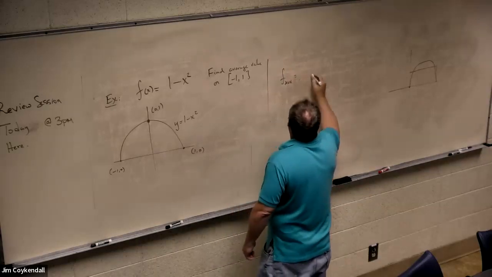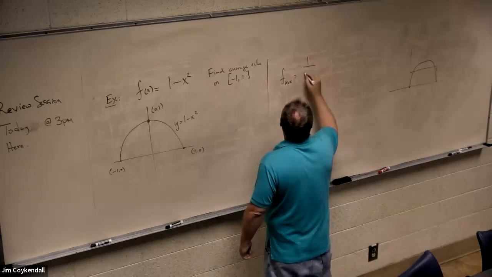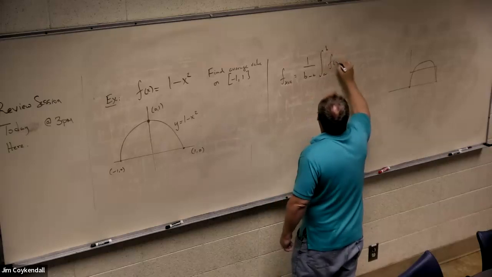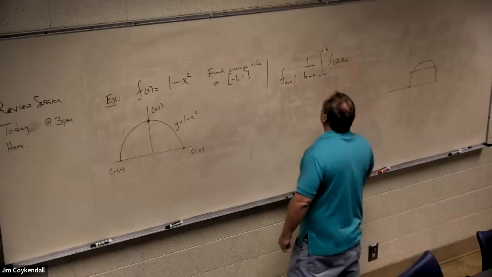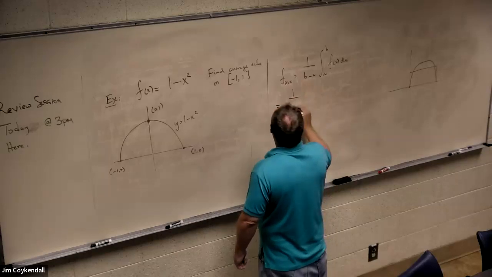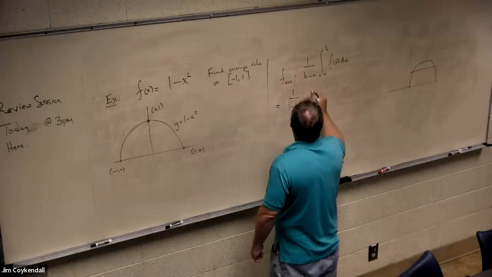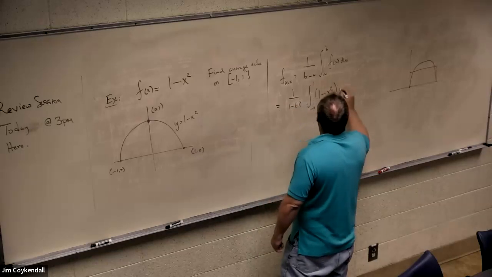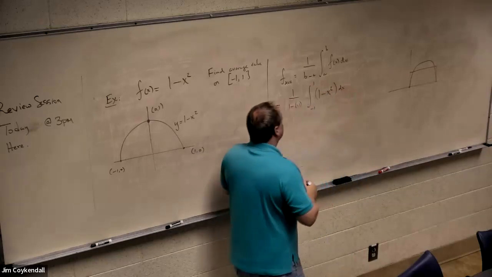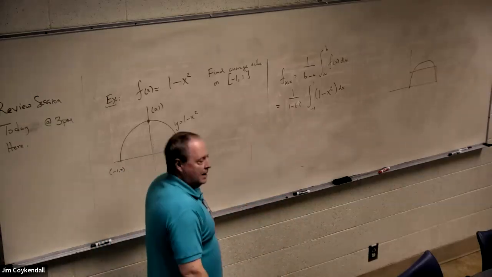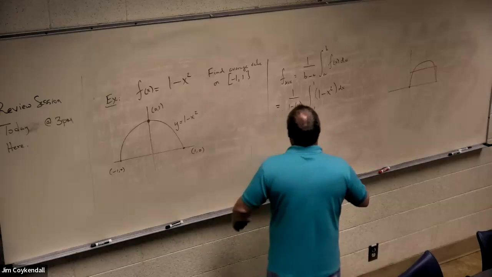For this one, the average is the 1 over b minus a formula. b is 1, a is minus 1. Now we just have to work out the integral.